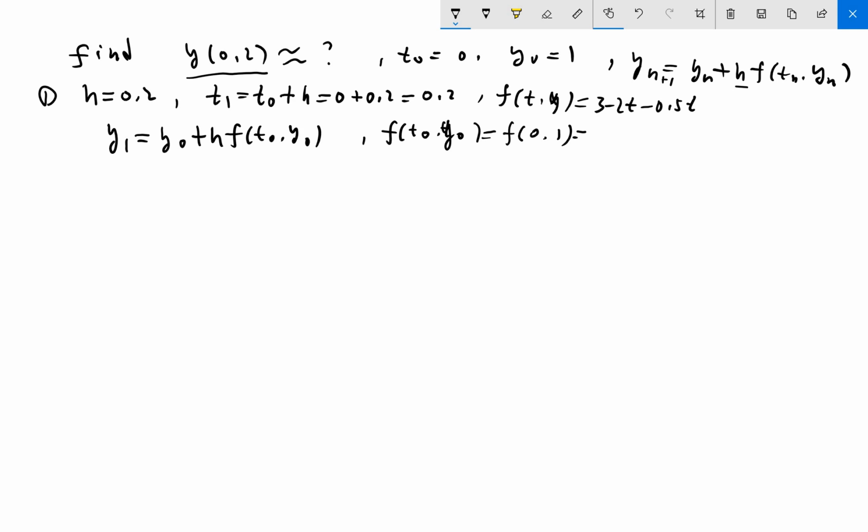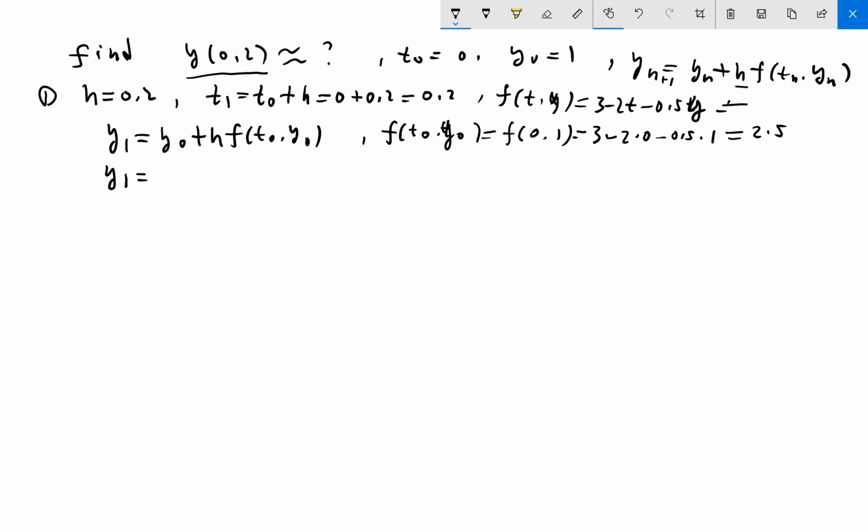In this formula, whenever you see t, replace it by 0, and wherever you see y, replace it by 1. So you get 3 minus 2 times 0 minus 0.5 times 1, which is equal to 2.5.